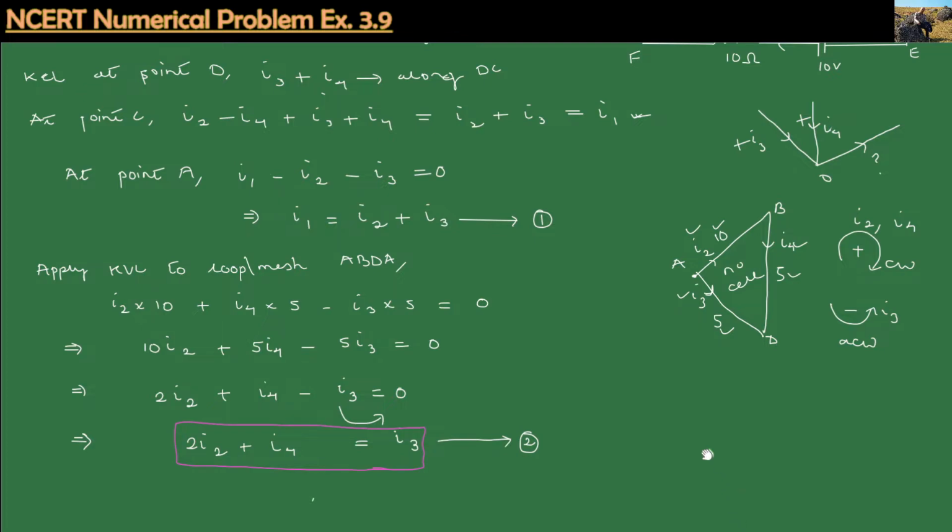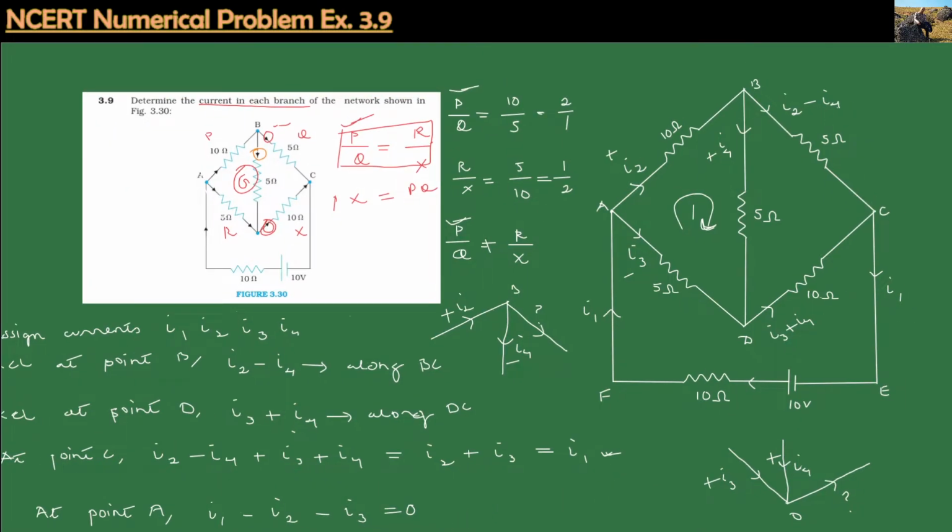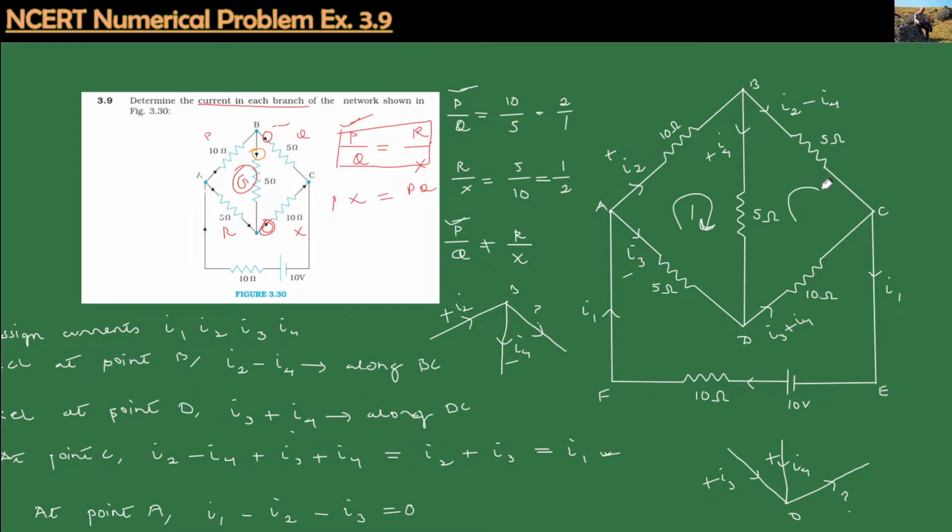Then next we will apply Kirchhoff's voltage law in this second loop. Let us consider this as the second loop, B, C, D, B. So this point B will be our reference junction.